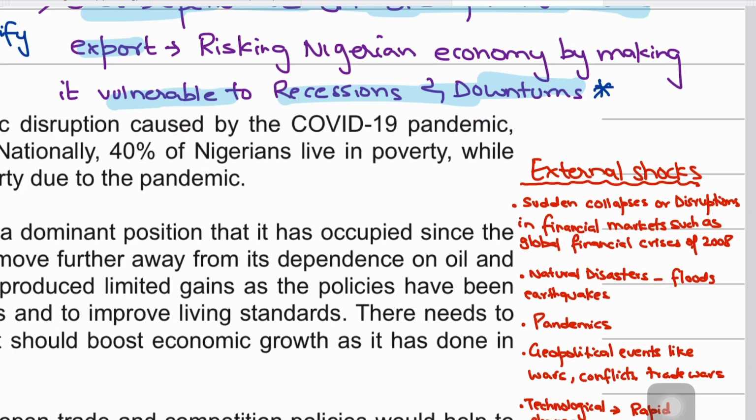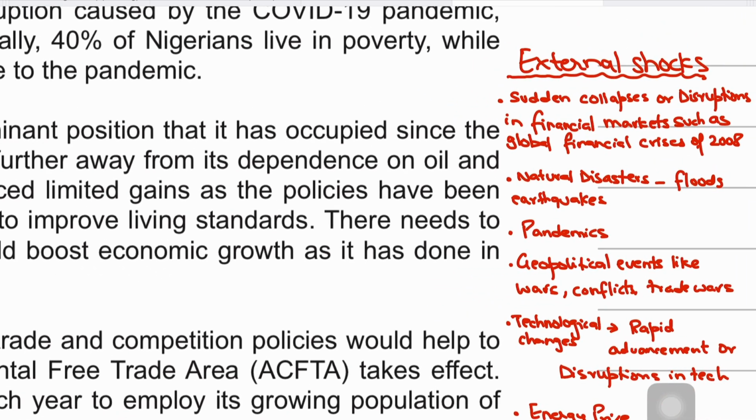Let me give a few examples of external shocks, such as sudden collapses or disruptions in the financial markets, natural disasters such as floods and earthquakes, or a pandemic like COVID. We know how poor countries were specifically hit by the pandemic as compared to rich countries.